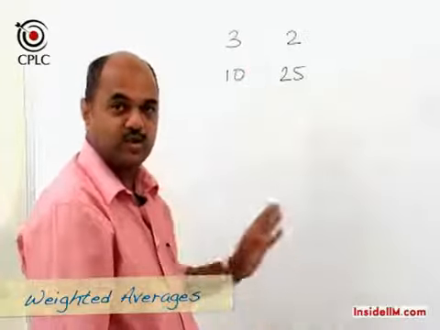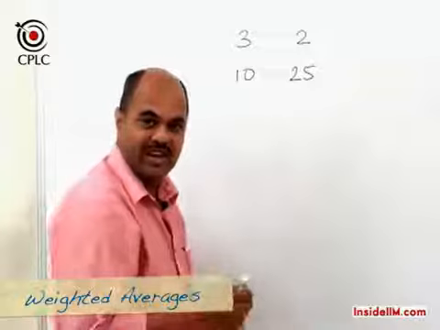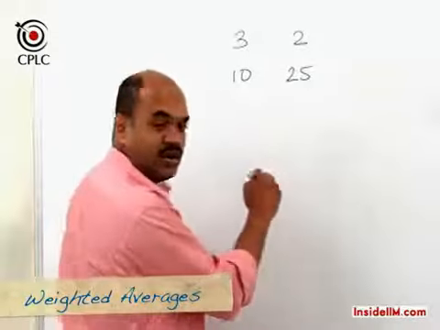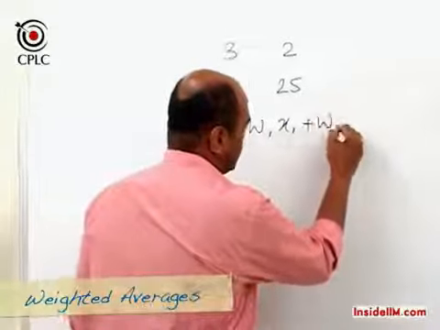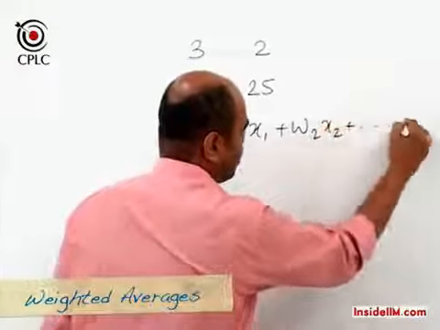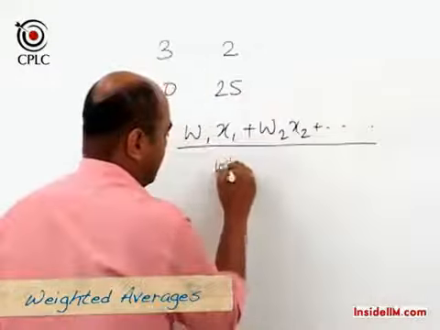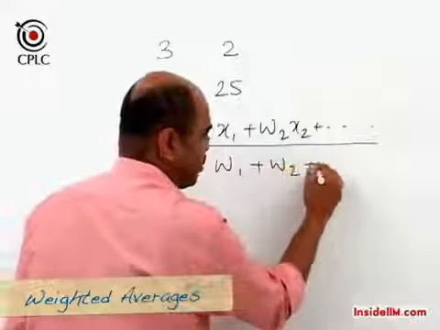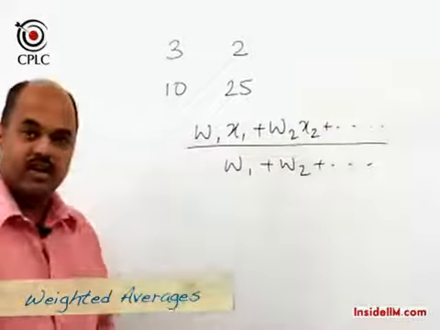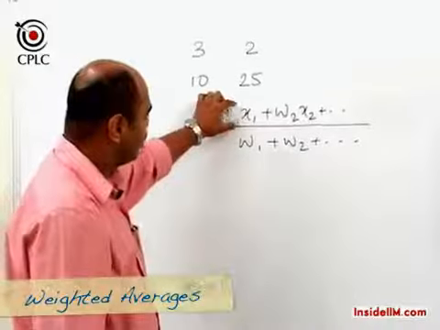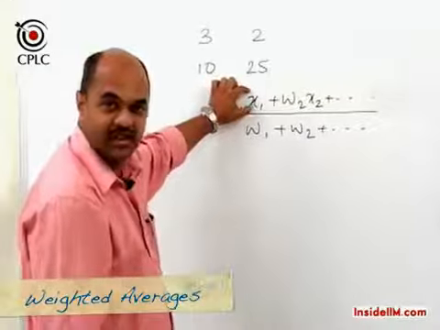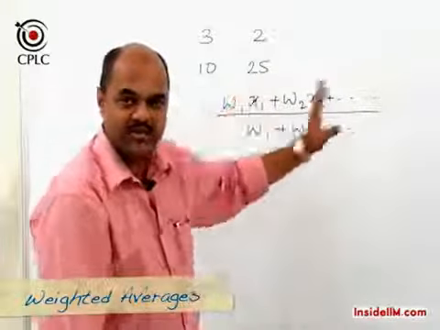And hence we use this concept of weighted average, where a general formula would be W1x1 plus W2x2 and so on divided by W1 plus W2 and so on. W1, W2 indicate the weights assigned to the individual averages which are x1, x2 and so on.